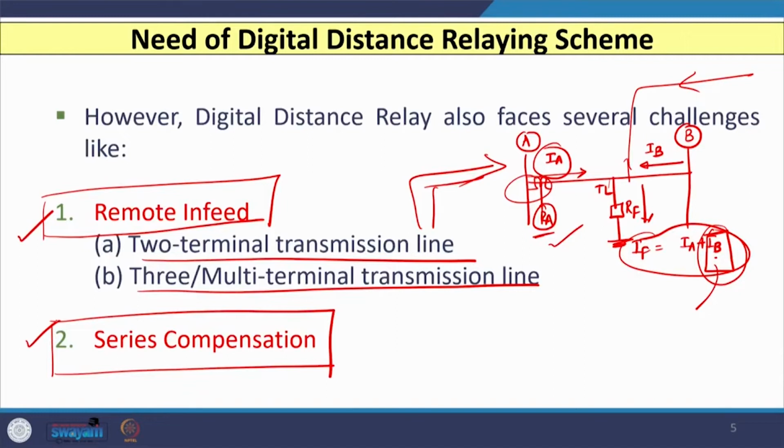However, when we have a series compensated line, the impact of the series capacitor and the metal oxide varistor, which is nonlinear in nature, affects the performance of the digital distance relay. So, in this lecture we will consider these two issues faced by the digital distance relay. Let us first consider the issue of remote in-feed.